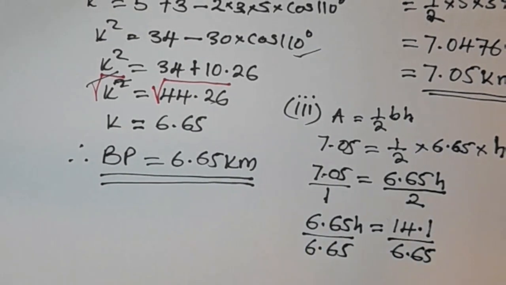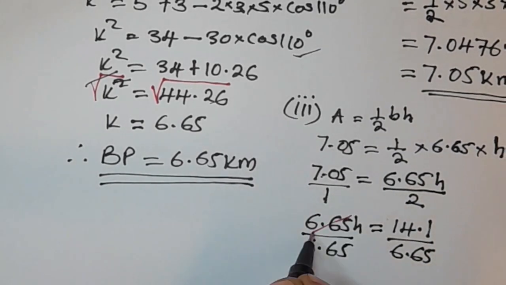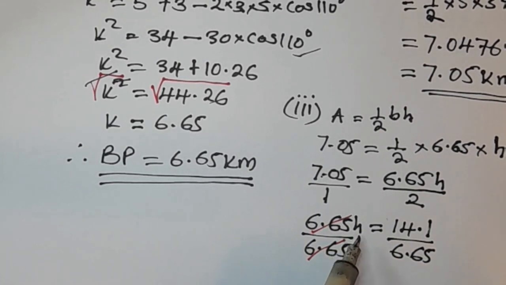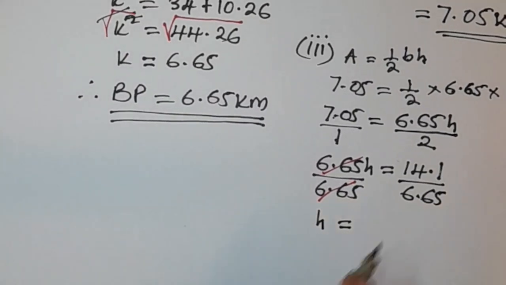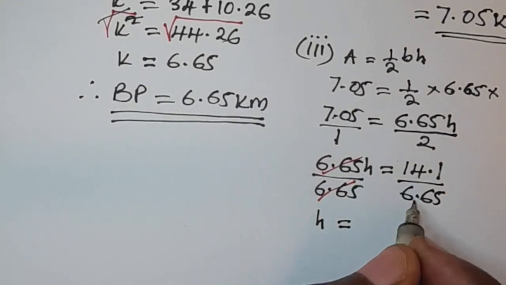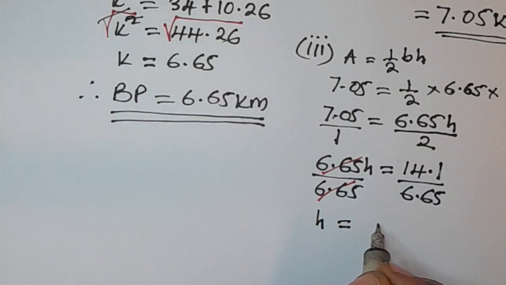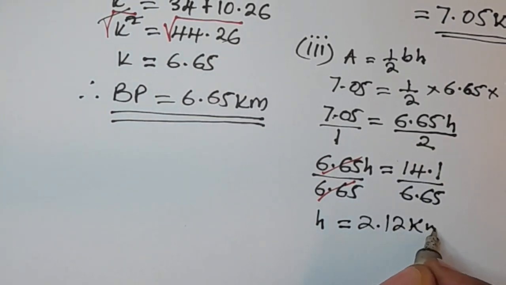So you remain with h is equal to 14.1 divided by 6.65, which is 2.12 kilometers.